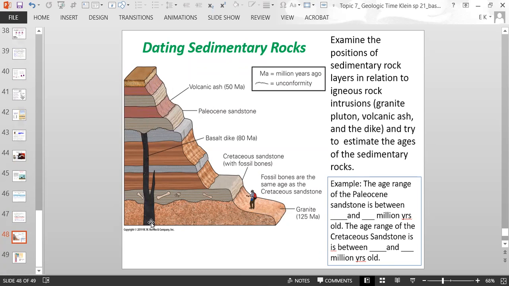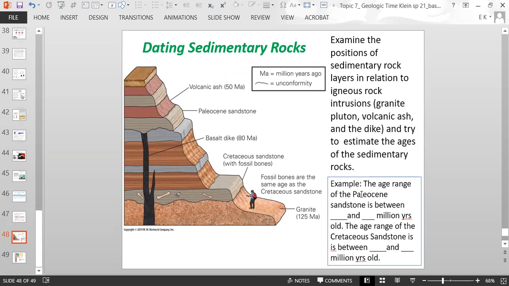This is basalt intrusion, and then this is granite, which is a pluton. And those are all dated, okay? Because you can date igneous rocks. So then we can estimate the ages of the sedimentary rock layers that are making up the rest of the outcrop. But again, it would just be older than this number, younger than that number. It wouldn't be exact ages of the sedimentary rocks.